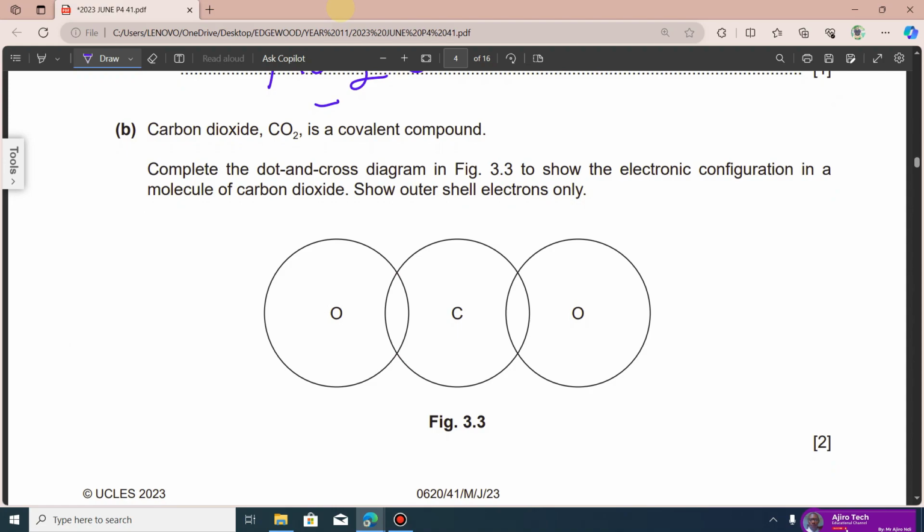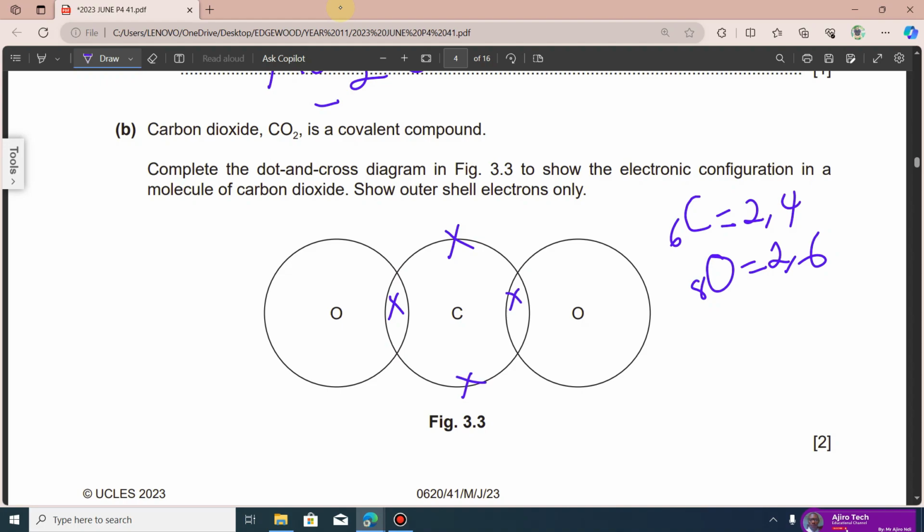Looking at the electronic configuration of carbon, with atomic number 6, we have 2, 4. And oxygen, we wrote that already, is 2, 6. Since carbon has 4 valence electrons, you would expect something like this: 1, 2, 3, 4.